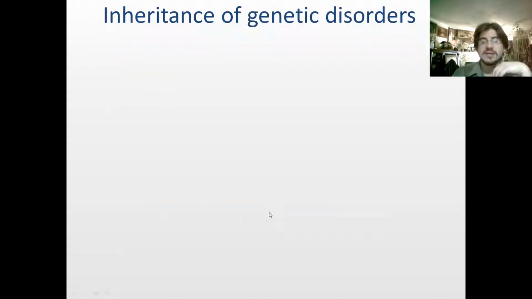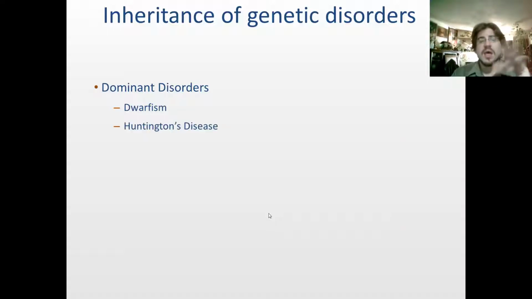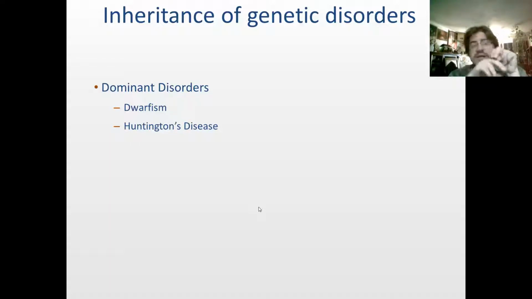They're protected against malaria. So there's also dominant disorders. Dwarfism, achondroplasic dwarfism, is a dominant disorder. Huntington's disease is a dominant disorder. So there's no carrier for a dominant disorder because there's no way to have two different alleles and not express a dominant disorder because, well, it's dominant.